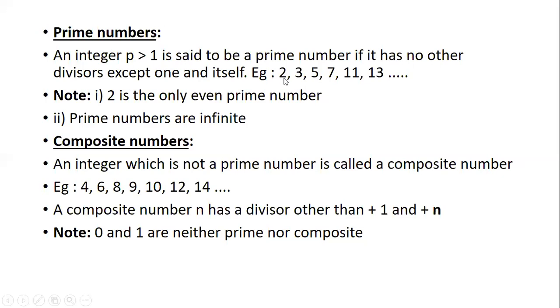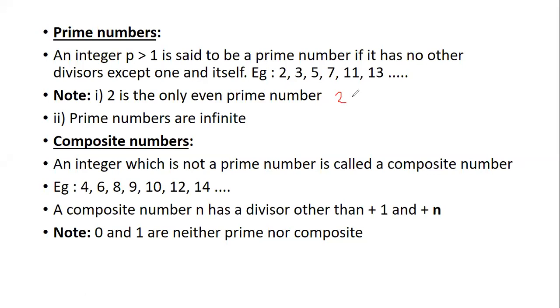If you see here, you have 2. 2 can only be divided by 2 or 1, right? 2 ones are 2, 1 two is 2. Either it is by 2 or by 1. That is why we consider 2 a prime number.